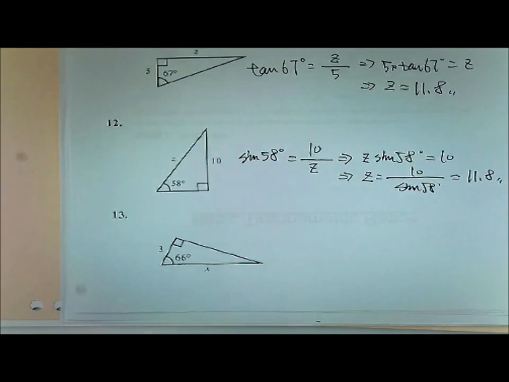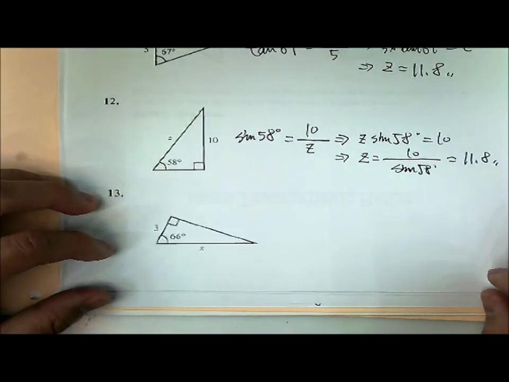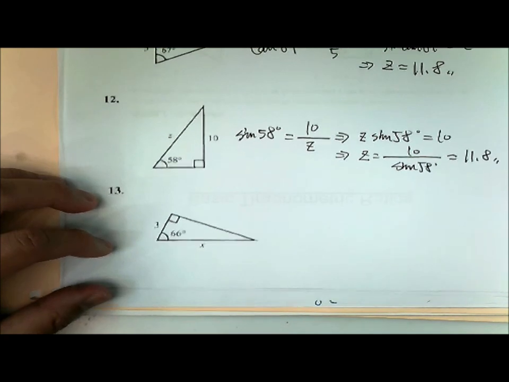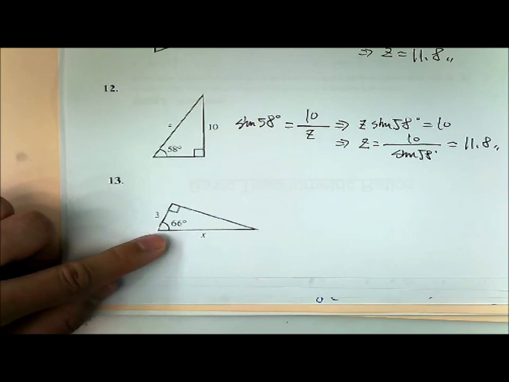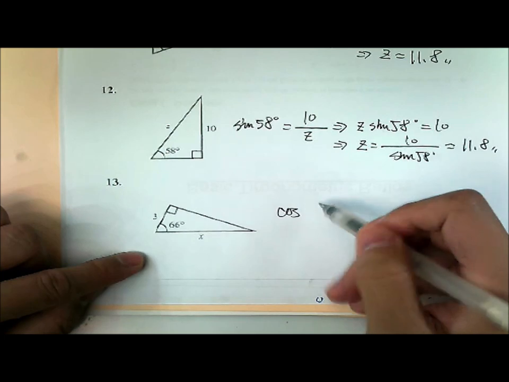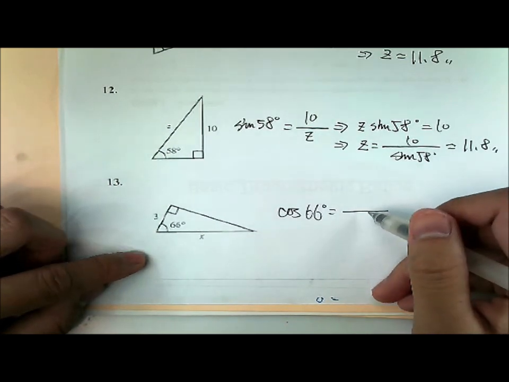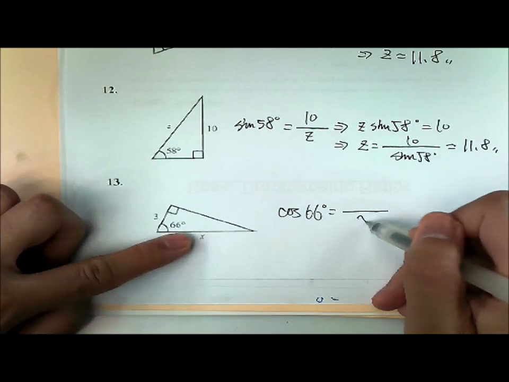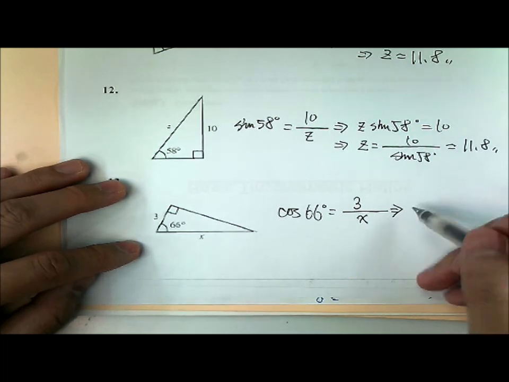Okay, it's okay. So go to 13. Okay, just recognize very carefully. Sine, cosine, or tangent you should be used? Cosine, correct. Okay, write cosine 66 degree equal to, okay, fraction line, write the longest side at the bottom first, it should be x, right? And then 3 above, okay? Times both sides by x, okay?